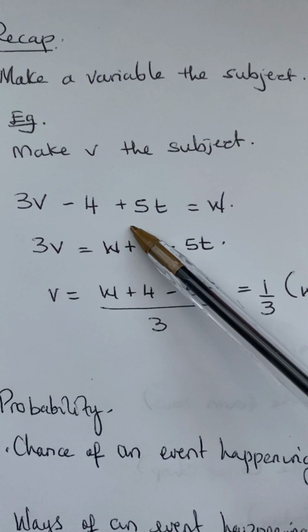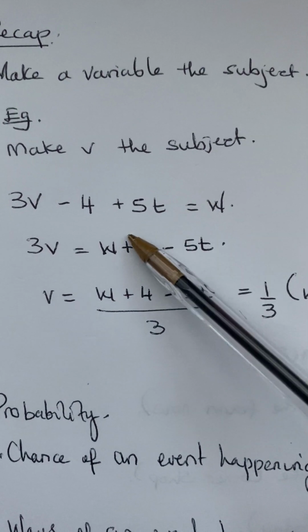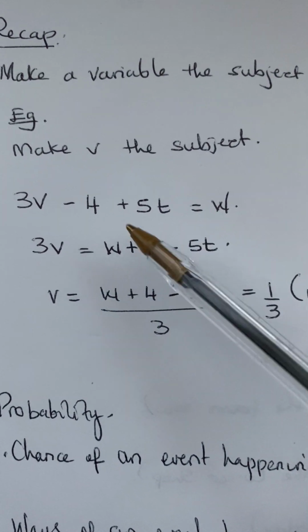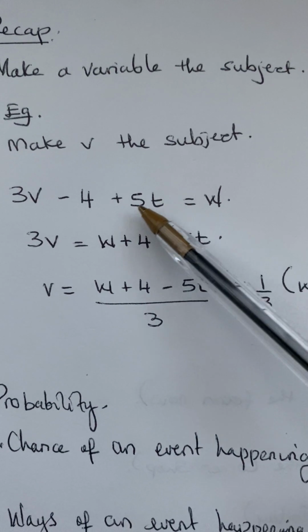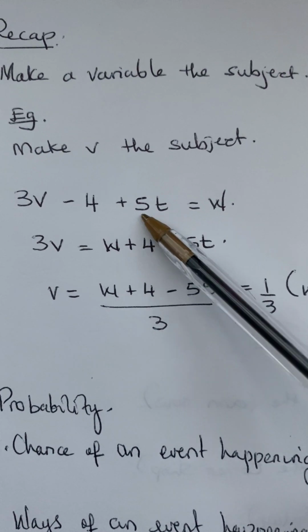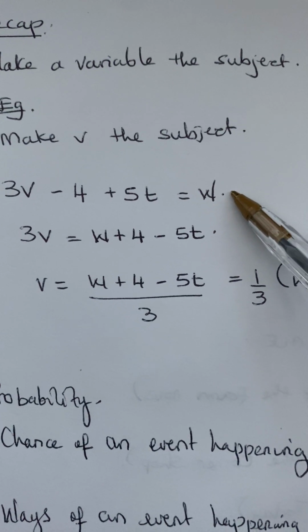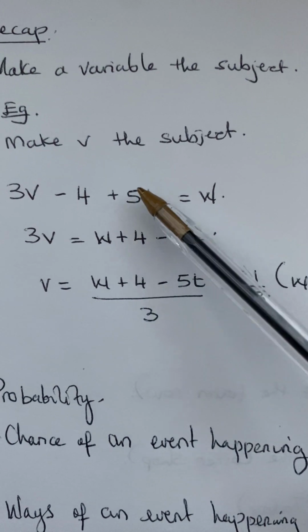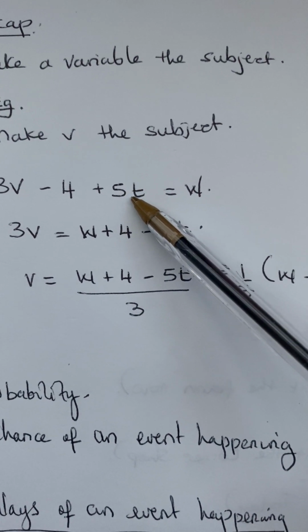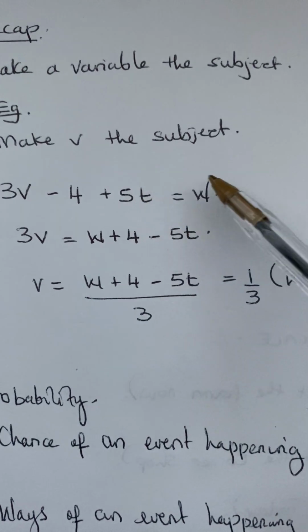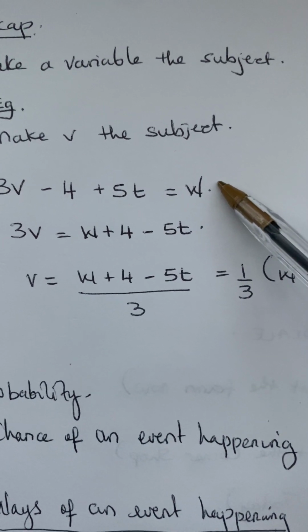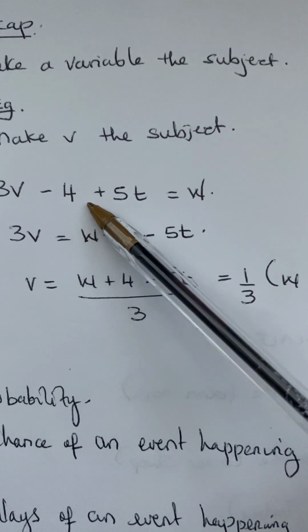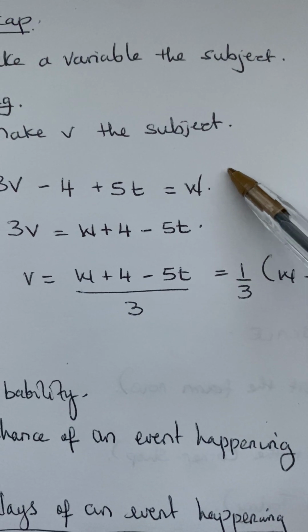Yesterday we said, first of all, try to be careful and do it systematically. So this is plus 5t. If I move it to the other side of the equal sign, it becomes a minus, because if I subtract 5t from here, this becomes a 0. Then I have to do the same on the other side. If I add 4 here, this becomes a 0, so I have to do the same on the other side.